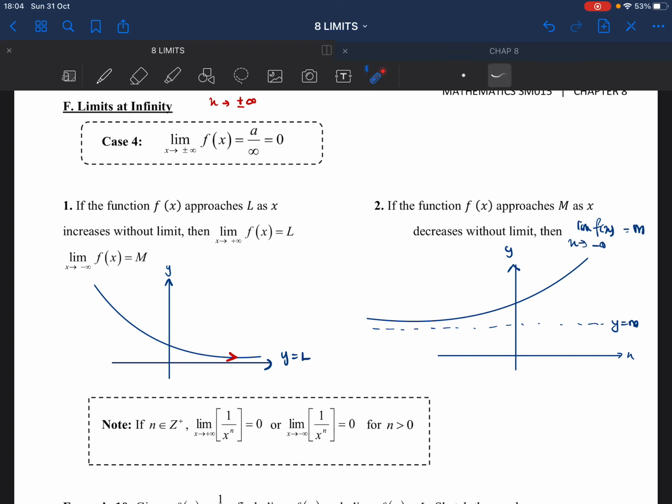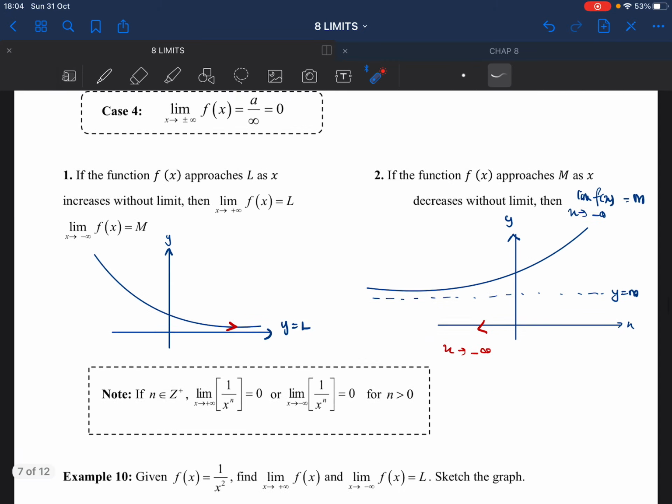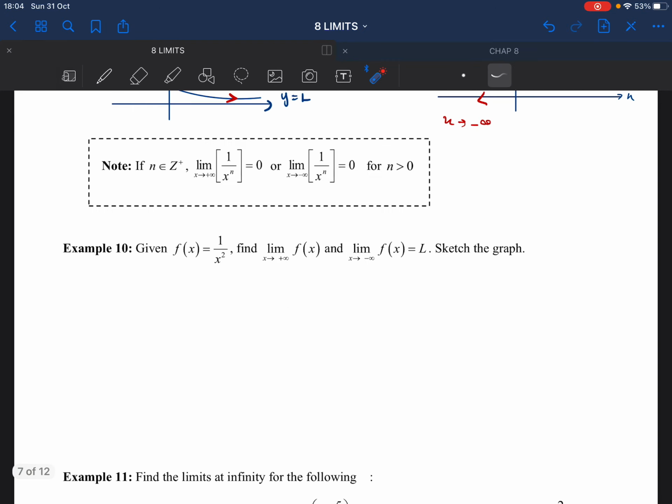Negative infinity is here, to the left. So your function should be looking like this. This is x approaching negative infinity, so the value is y equals m. Maybe it seems hard to understand, it's okay. We can just go straight to the example here.